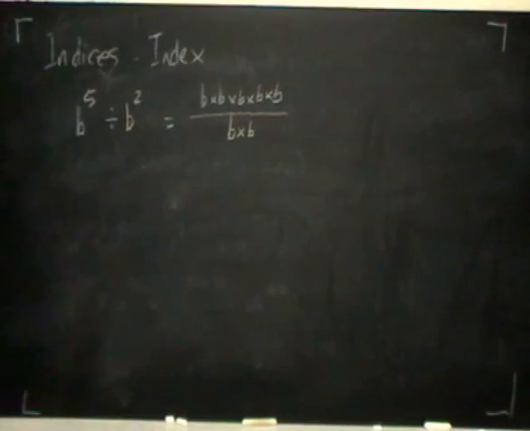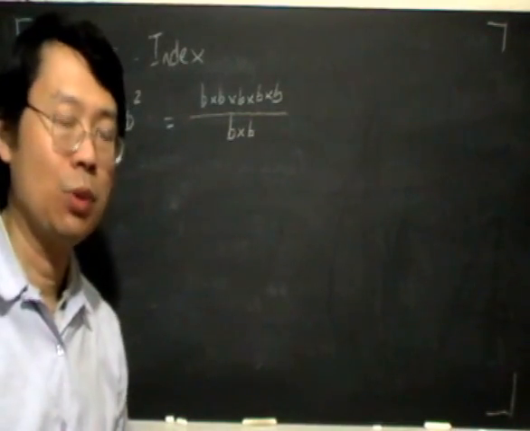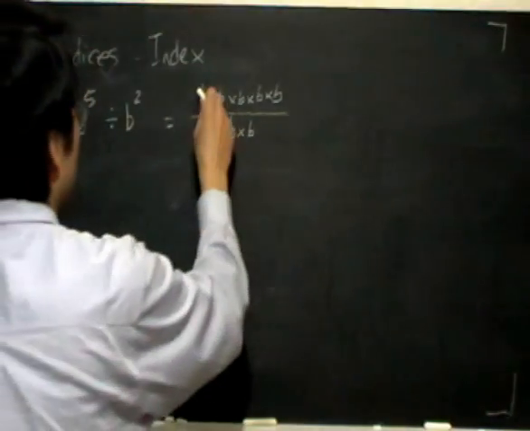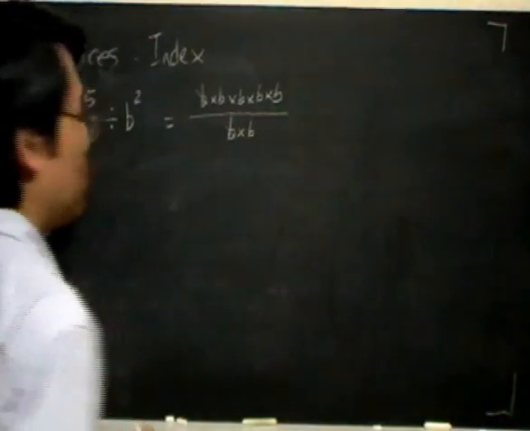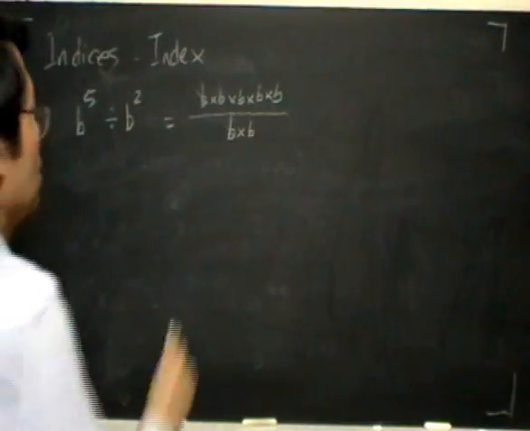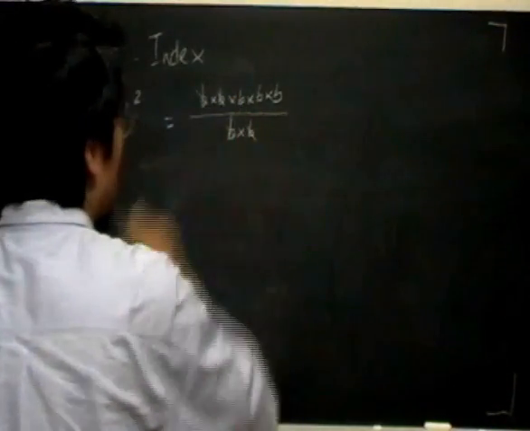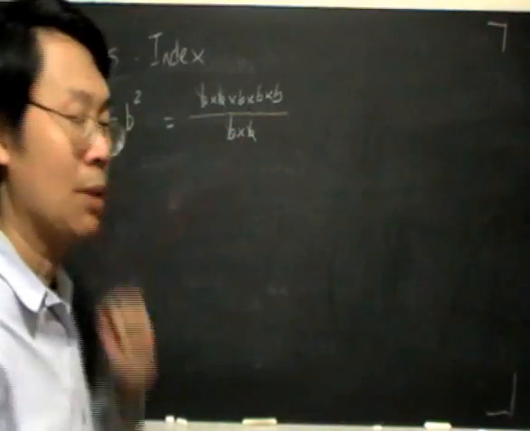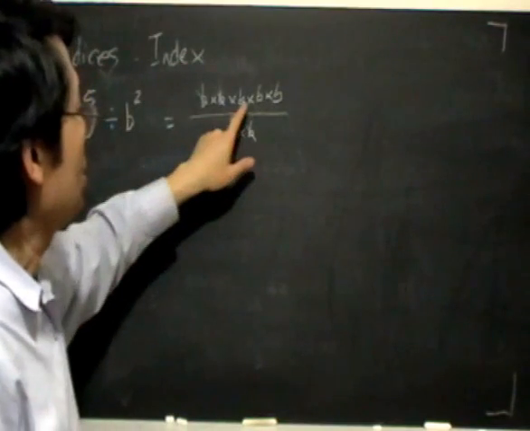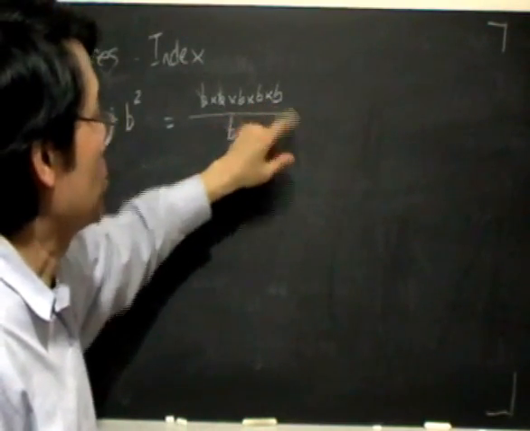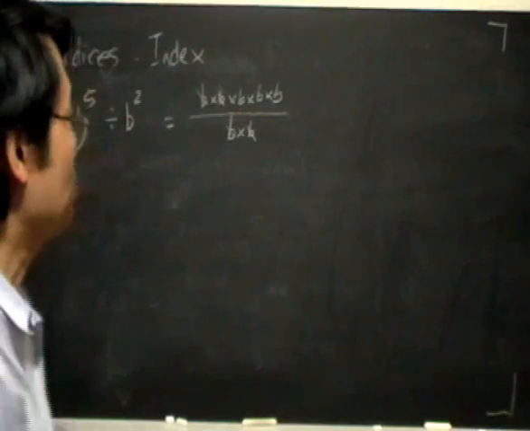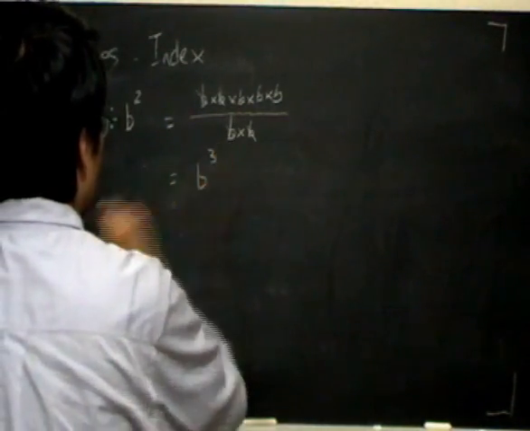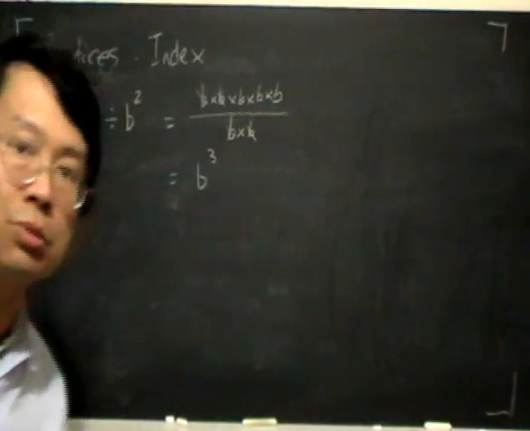So if I do this, I can easily work that out by cancelling the b's. So let's cancel 1 factor of b from the top and the bottom, and another factor of b, and we have cancelled all the factors at the bottom. So the bottom just becomes 1, and the top has 3 factors of b. So therefore, the answer is b to the power of 3, b cubed.